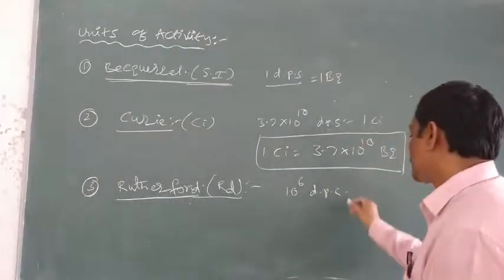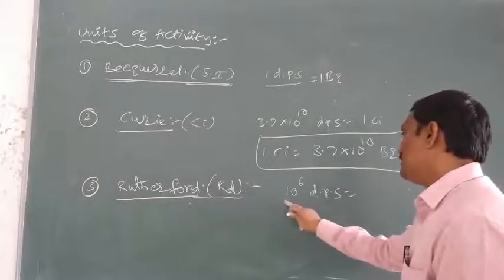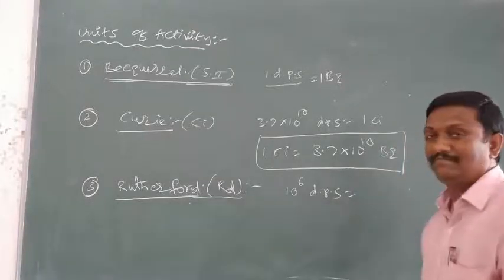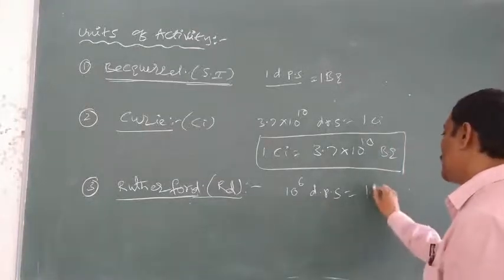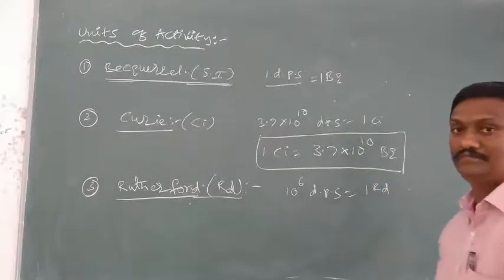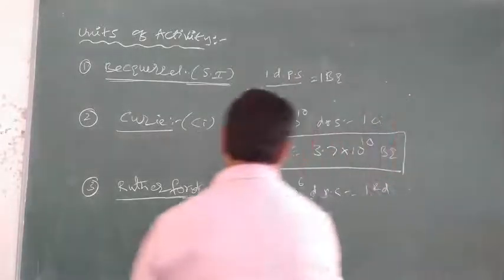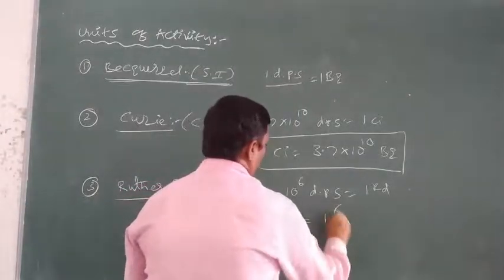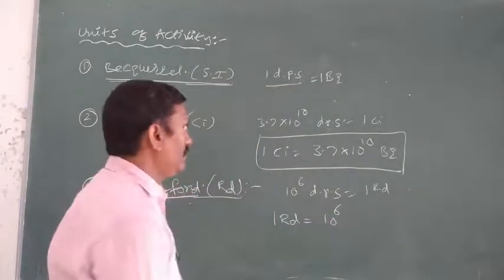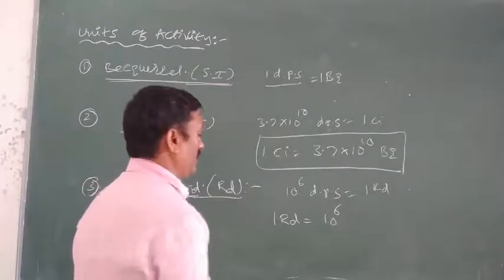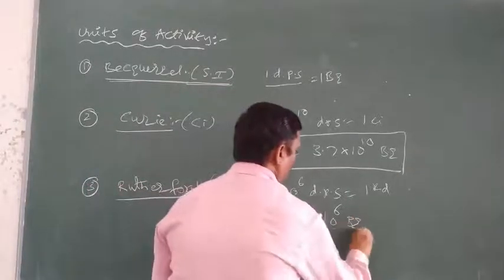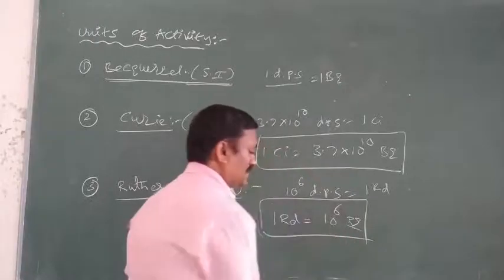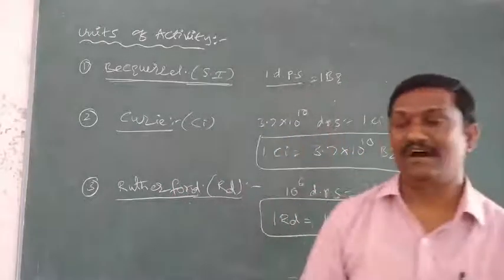If any radioactive substance undergoes 10 power 6 disintegrations per second, then such activity is called 1 Rutherford. Or 1 Rutherford is equal to 10 power 6 disintegrations per second, or becquerel. So that is about the different units of radioactivity.